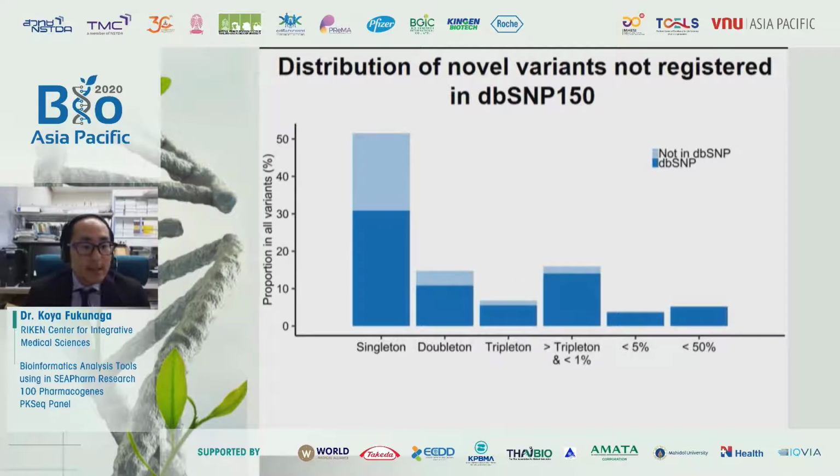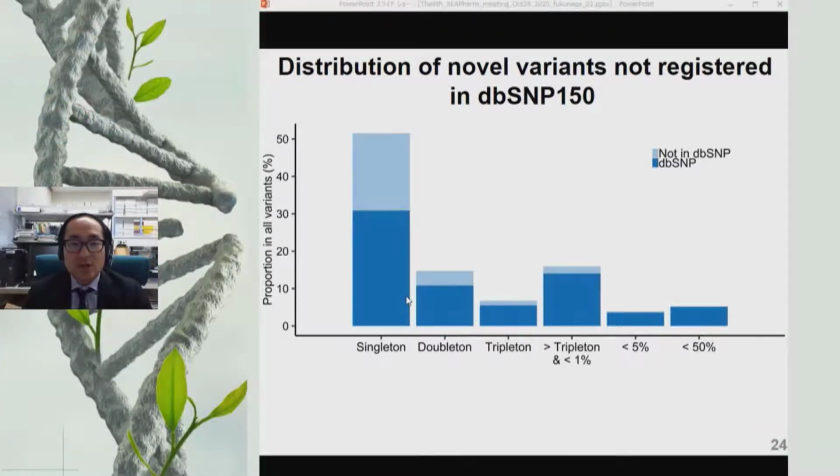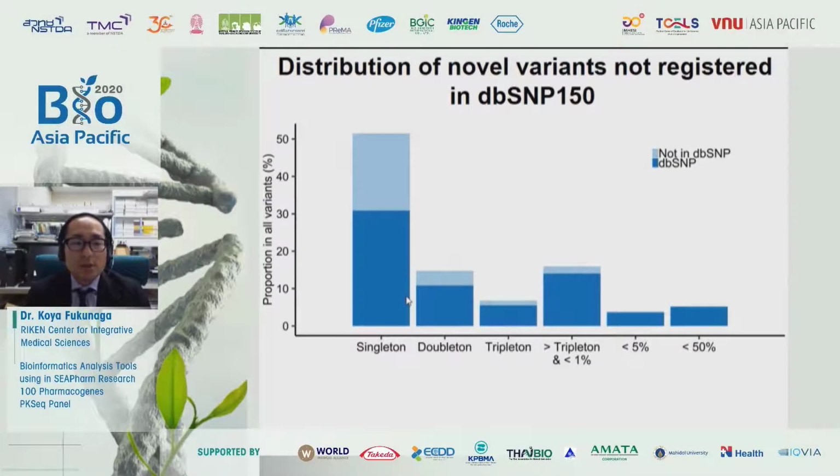Next, we annotated the high quality variants using public databases, including dbSNP version 150 and gnomAD. Most of the coding regions were singleton or very rare, doubleton and tripleton. The dark blue panel shows the proportion of known variation, and the light blue panel shows the proportion of novel variations.